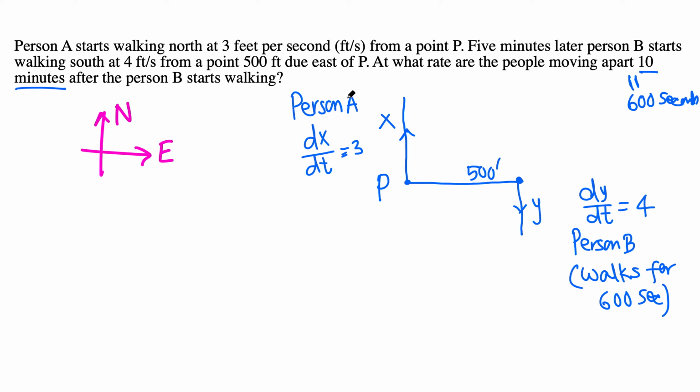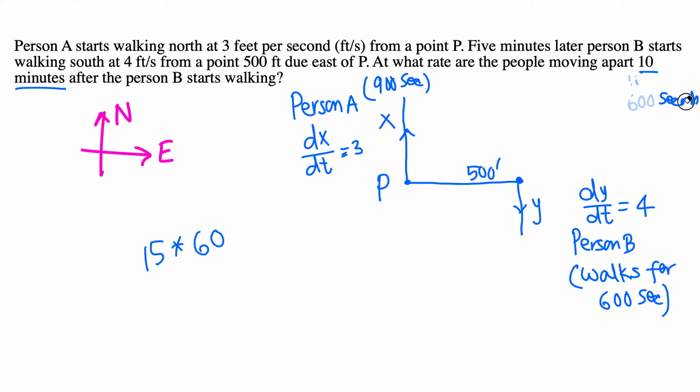Person A, in this case, he started 5 minutes earlier, because this person B starts 5 minutes late. That means 10 plus 5, 15 minutes. So 15 minutes means 15 times 60. So that's 900 seconds.